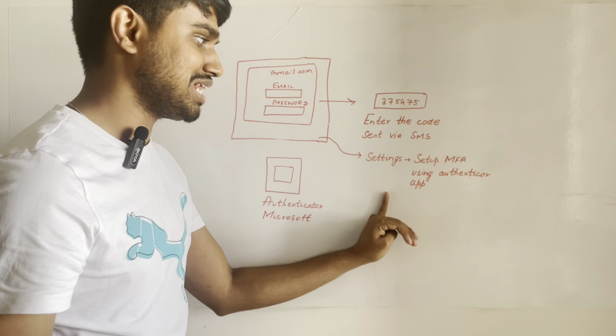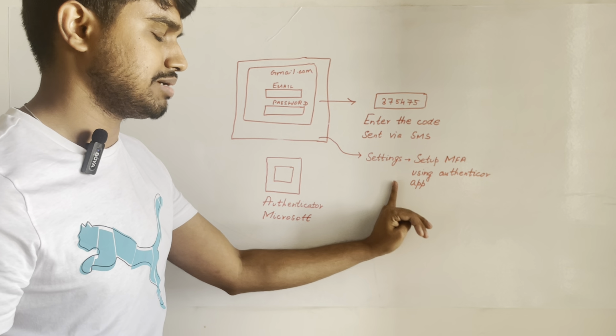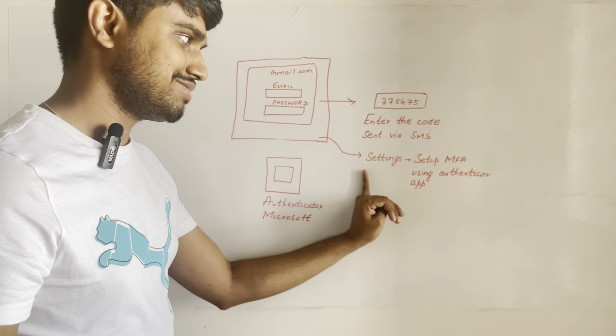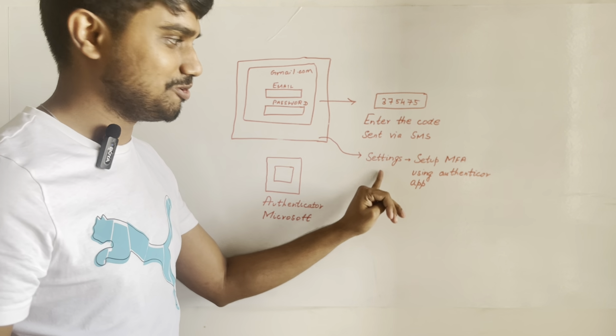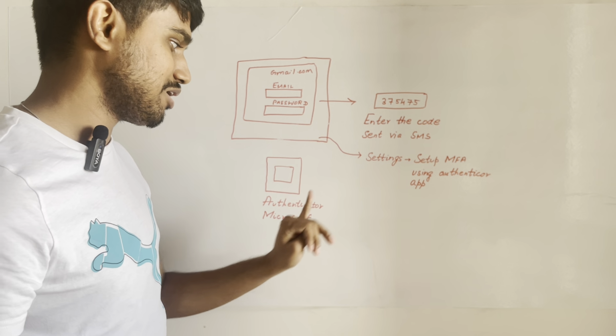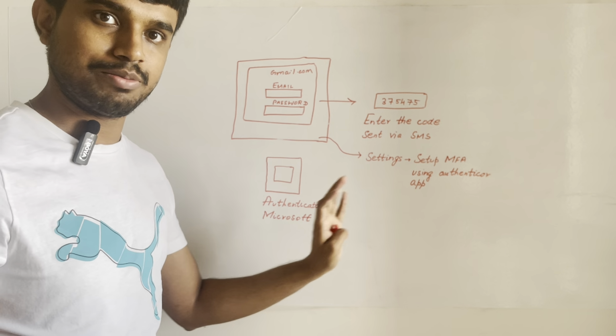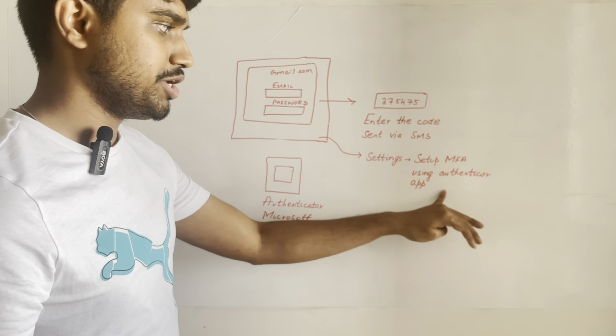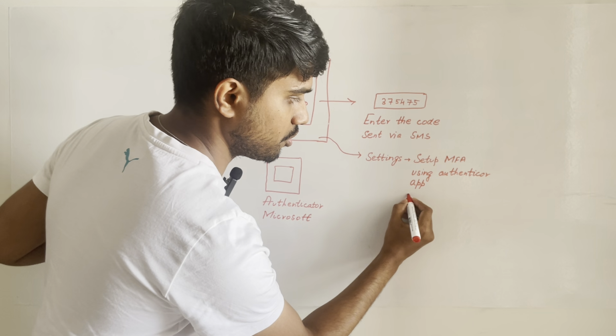This is not the exact path, I'm just letting you know for the example. And I also think that Google will ask you to use Google's Authenticator and it will not allow you to use Microsoft Authenticator. I'm not sure on that. But when you click on that, it will give you a QR code.